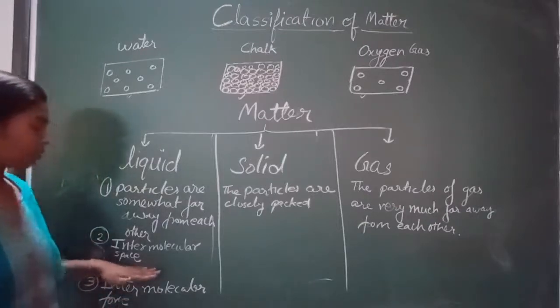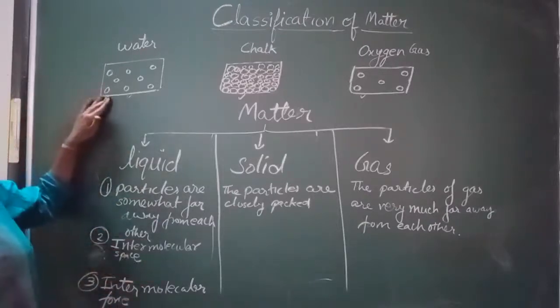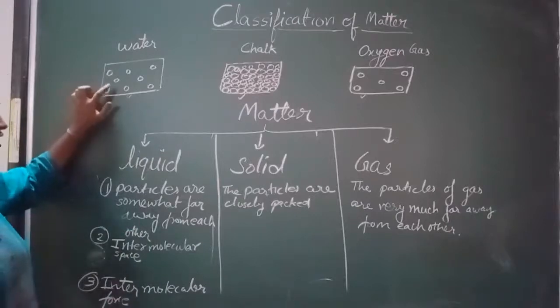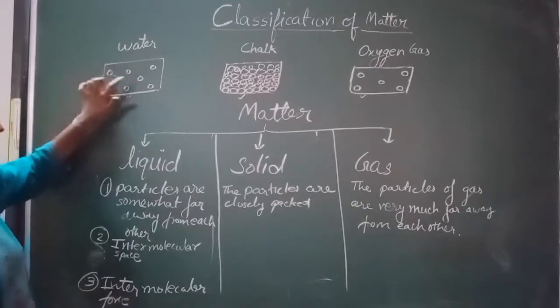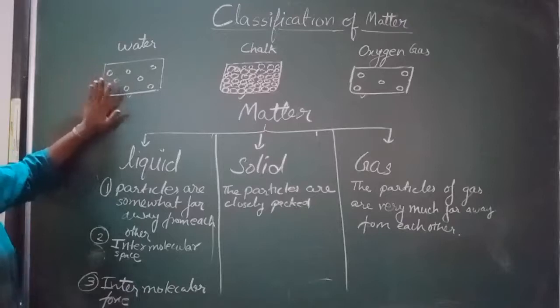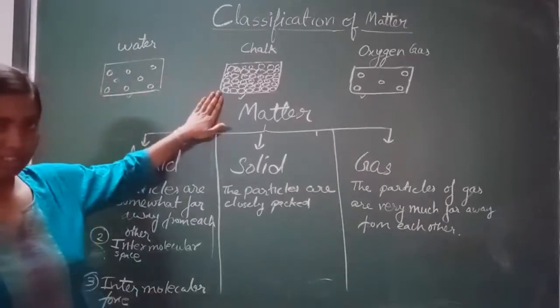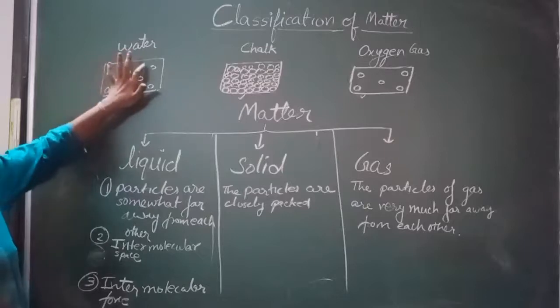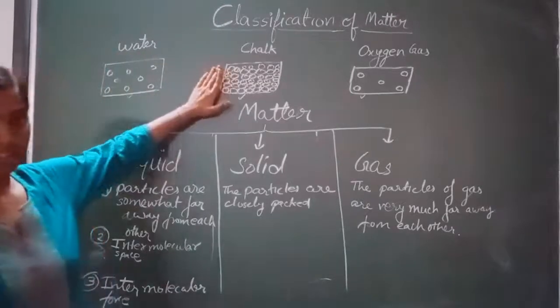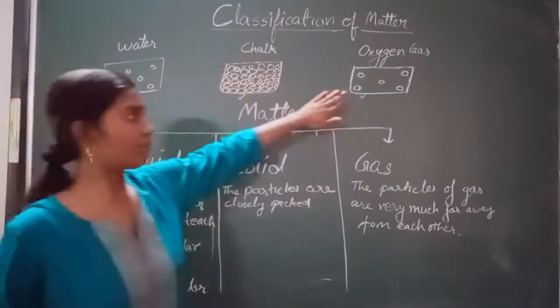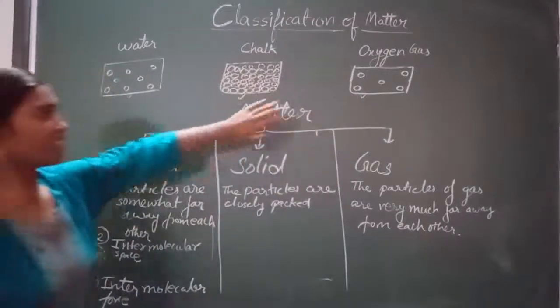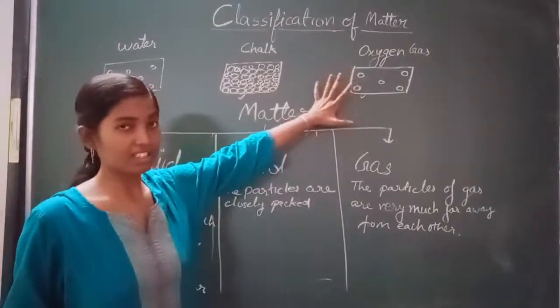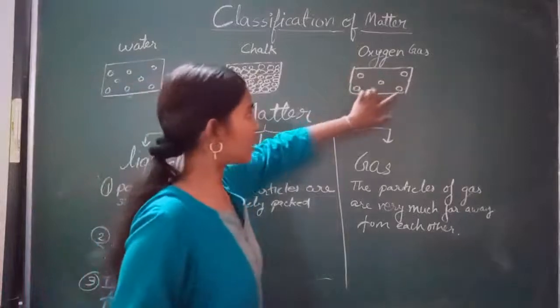Let us look at intermolecular space in this diagram. In water, the intermolecular space is more compared to solid and less compared to gas. Look at this, in the gas the space is too much large.